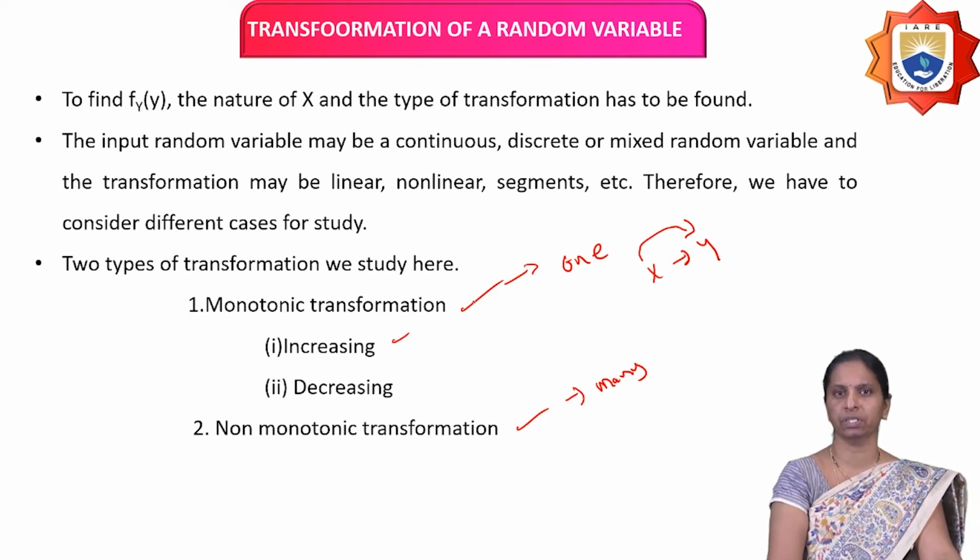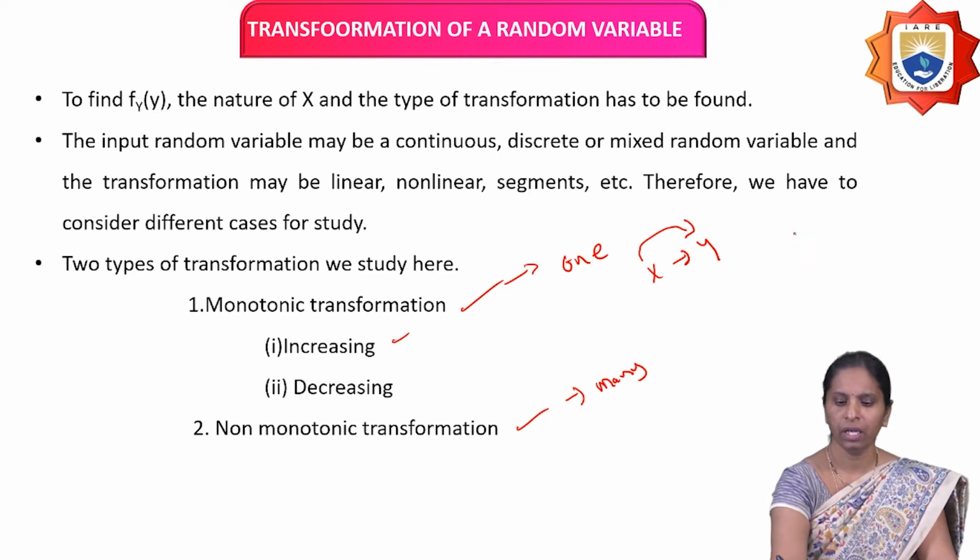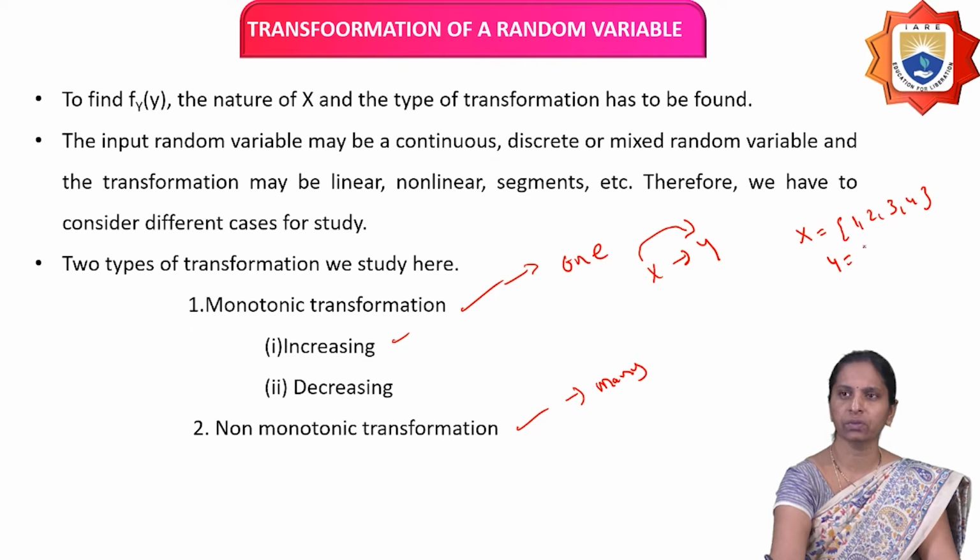For example, if I have x equals 1, 2, 3, 4 and I take y as the random variable obtained by performing an operation on x.